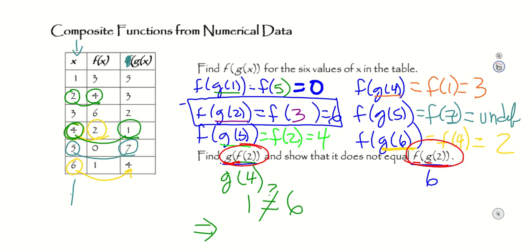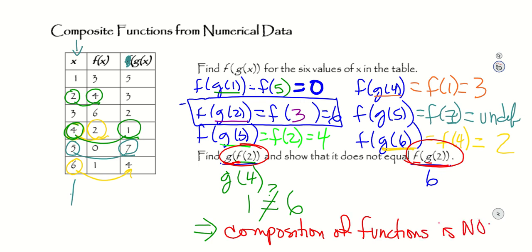When we can change the order of operations, a function is commutative. So what this tells us is that composition of functions is not commutative.